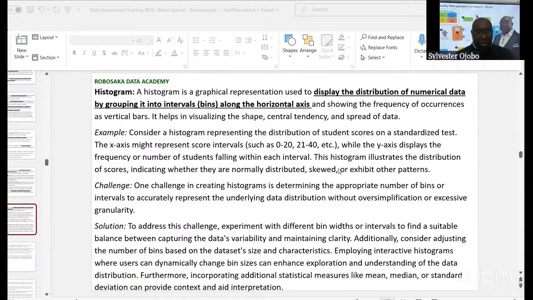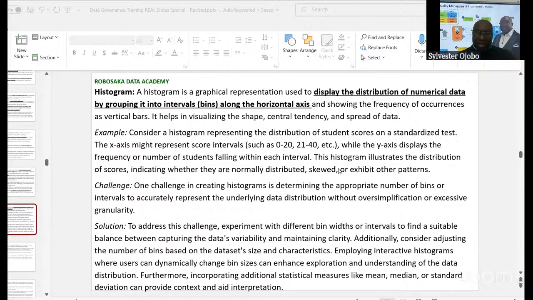This is really big on excessive granularity. I explained oversimplification the other time as well. When you have a lot of data to represent, a lot of categories and groups to represent, we need to have real details. Okay.